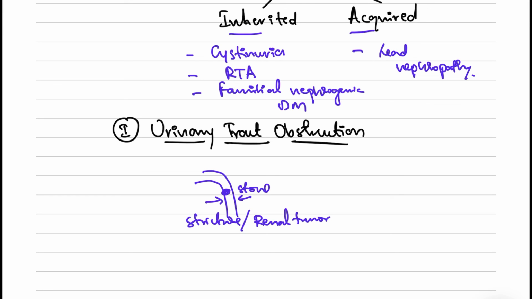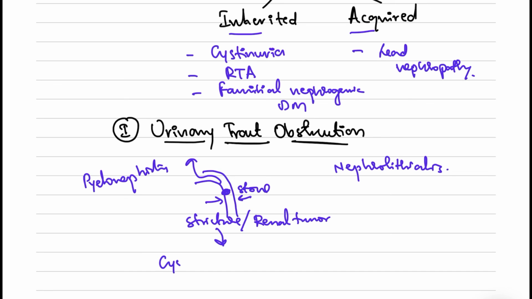Most commonly it is renal stones, that is nephrolithiasis, and it can be due to renal pathologies. Because of this stone, the infection might ascend, leading to pyelonephritis, or it can go down, leading to infection of the bladder known as cystitis.